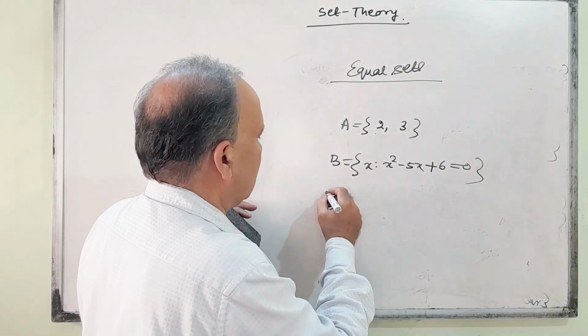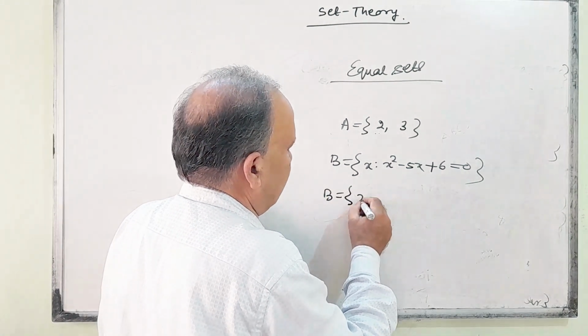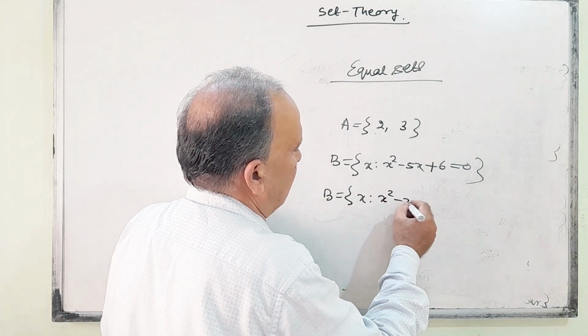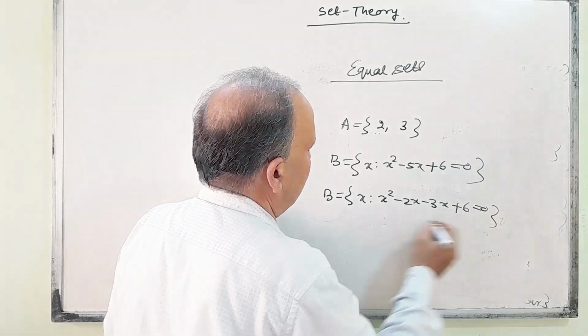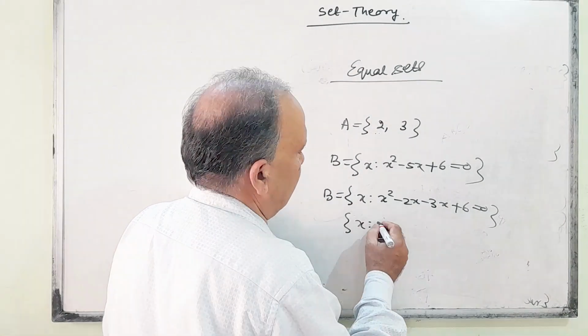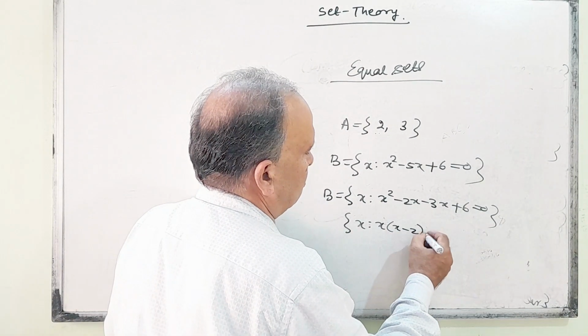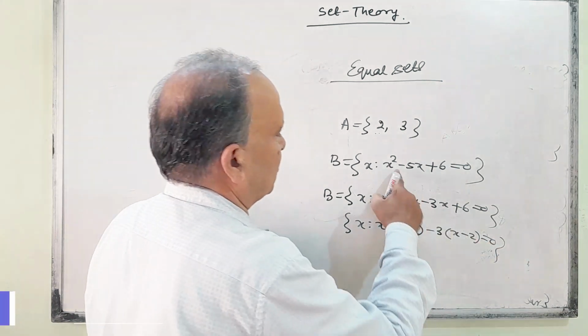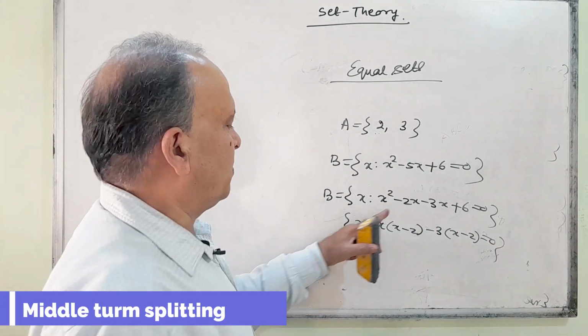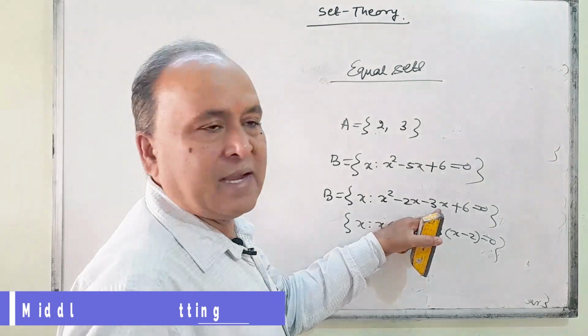Next, come to your B. You solve this question. B is x such that x square minus 2x minus 3x plus 6 is equal to 0, or x such that x into (x minus 2) minus 3 into (x minus 2). Middle term splitting: minus 5x, I split it as minus 2x minus 3x.